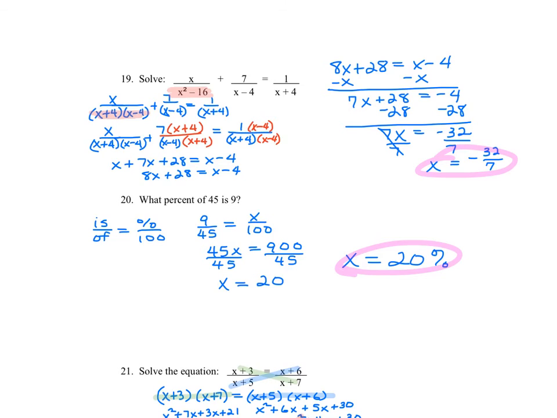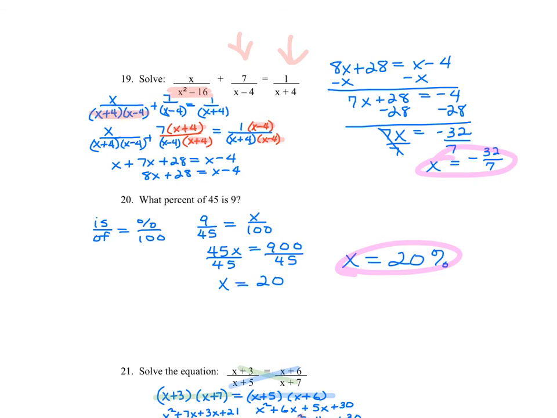In my second fraction, it was missing the x plus 4. And the last one was missing the x minus 4. Now, a common mistake people make is they think they can cancel things. So you need to distribute and then combine like terms before you cancel.